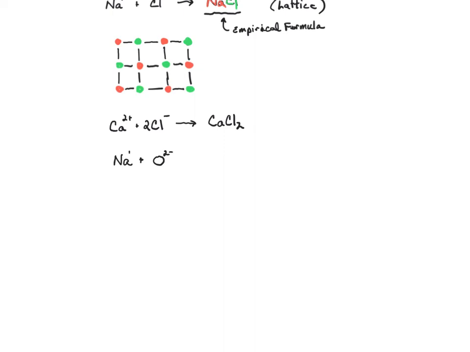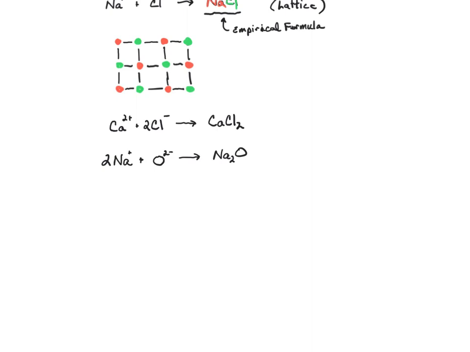We know it likes to take on a positive charge. So in order to have enough sodiums to balance out that negative 2 charge, we need to have 2 sodiums for every 1 oxygen. So the formula that we wind up with is Na2O. We want to be able to predict what those ratios are going to be based upon the common charges that these elements take on.